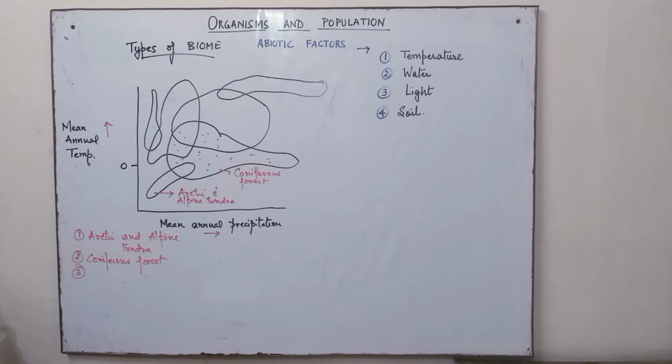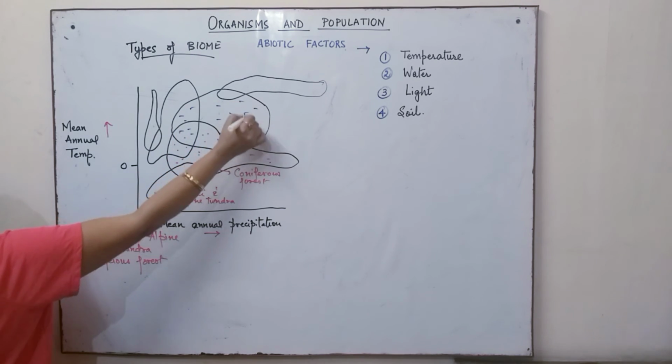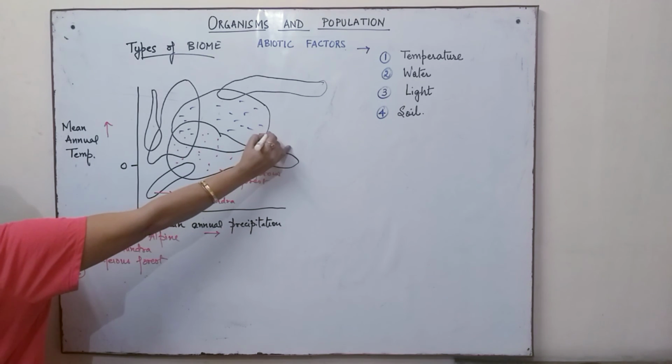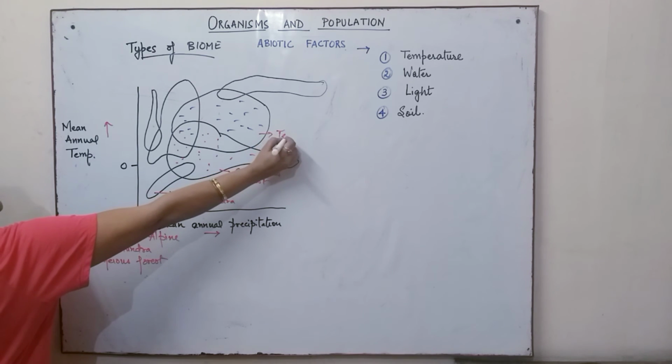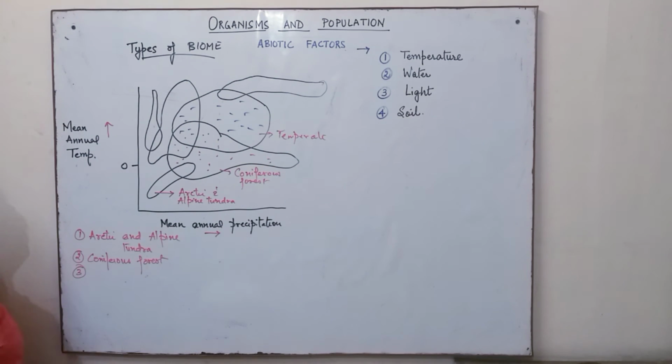So over here, I'll put a dash, and this is the temperate forest. Third is the temperate forest. Then we have the fourth one, that is the grassland.